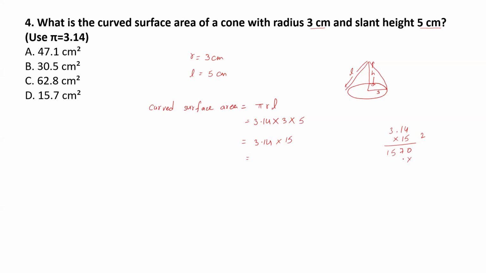So decimal after 2 places. So 47.10, option A. So it is 47.1 and 0. It is centimeter square because centimeter into centimeter.